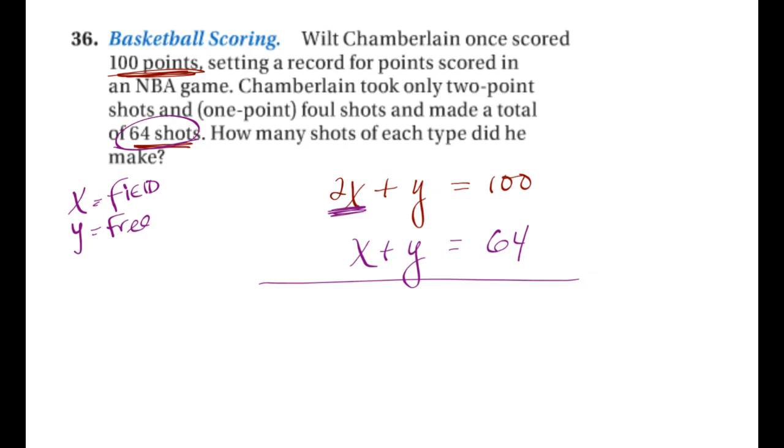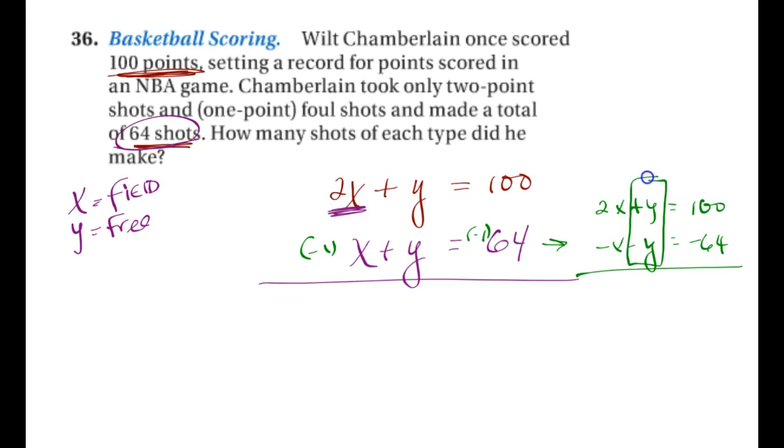I wouldn't use substitution here. It looks like I could eliminate very quickly by multiplying the bottom equation through by a -1, which in essence just changes all of the signs. So negative x minus y is equal to negative 64, and I'll just keep line number 1 the same, because adding, it will eliminate the y terms.